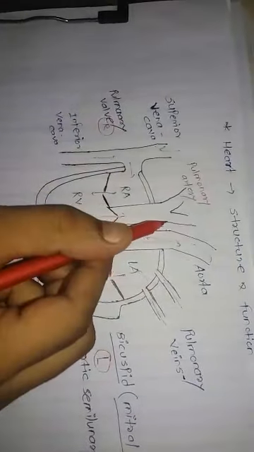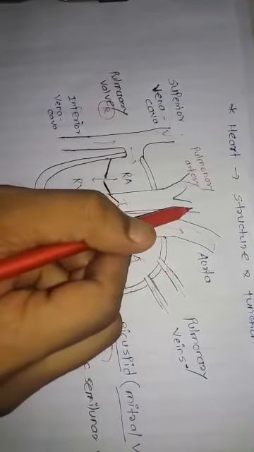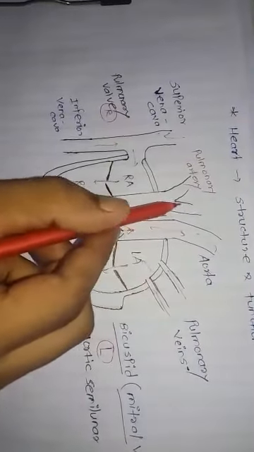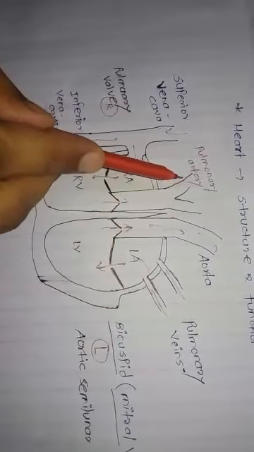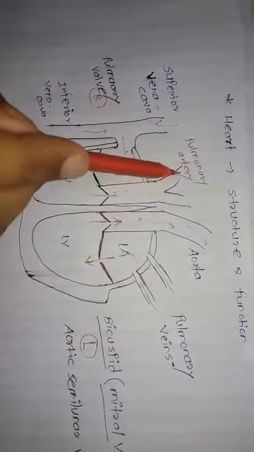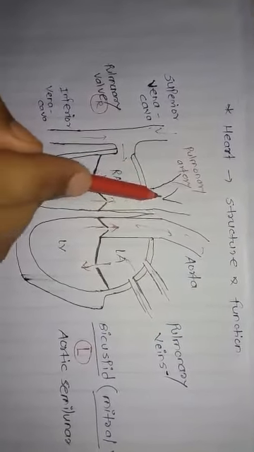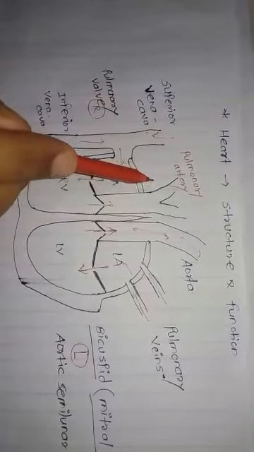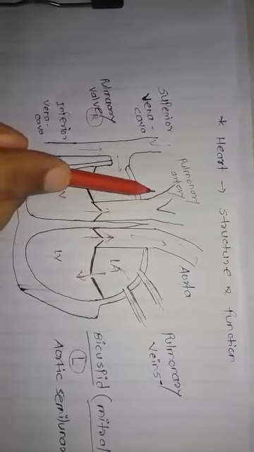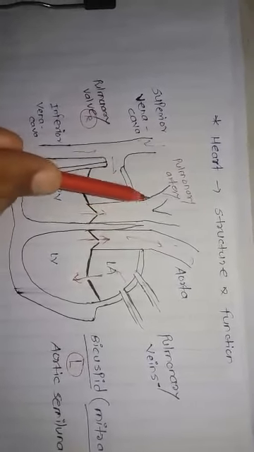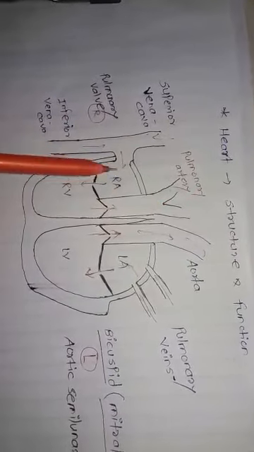The pulmonary artery quickly divides into two branches, right and left, which carry blood to the right and left sides of the lungs for oxygenation. So this deoxygenated blood is carried to the lungs for oxygenation through the left and right pulmonary arteries.